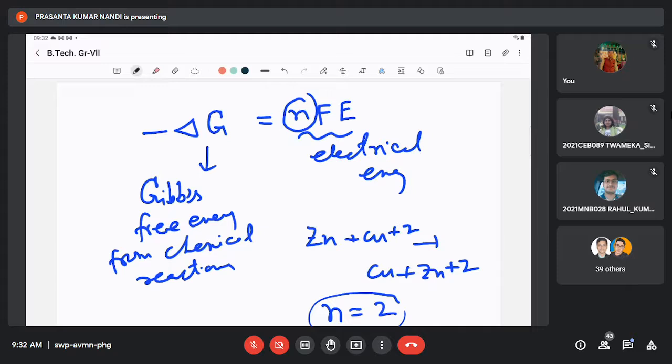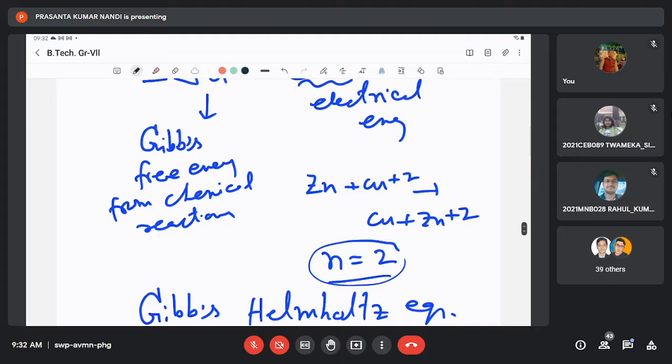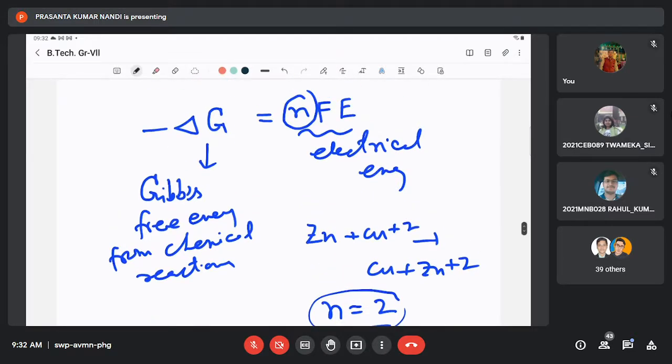So in an electrochemical cell, like the Daniel cell, this is the fundamental relation: negative delta G, that is the free energy change arising from chemical reactions, must be equal to the electric energy given by nFE, where capital E represents the cell EMF, and capital F denotes the Faraday of electricity, which is a constant.